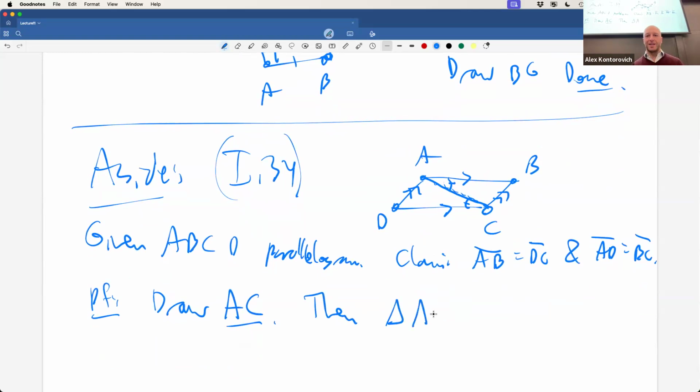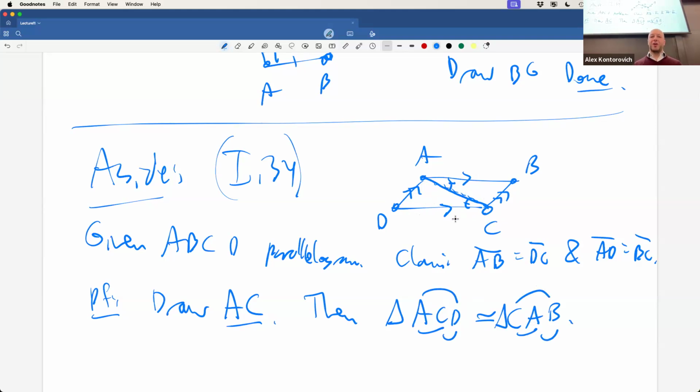But the triangle ACD is in fact congruent to the triangle CAB, where I'm careful about the order. So AC is the same as AC, AD is the same as CB, and CD is the same as AB. They have this common side, and these two lines are parallel.